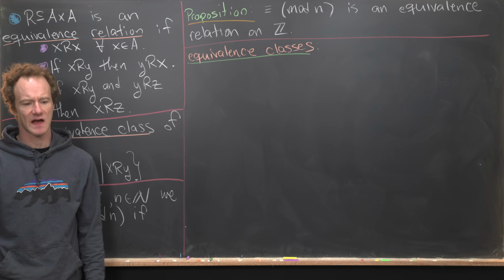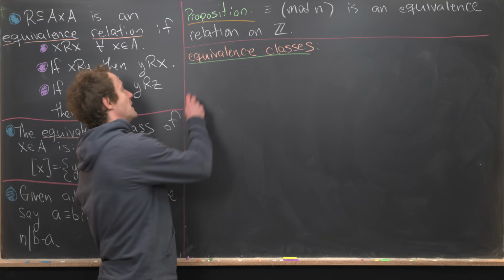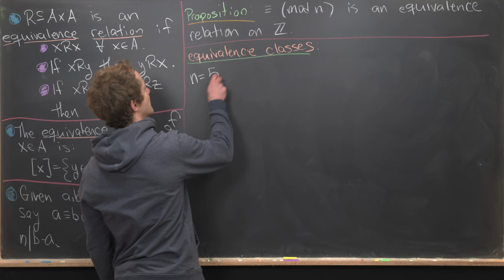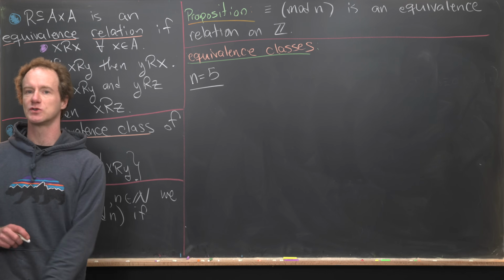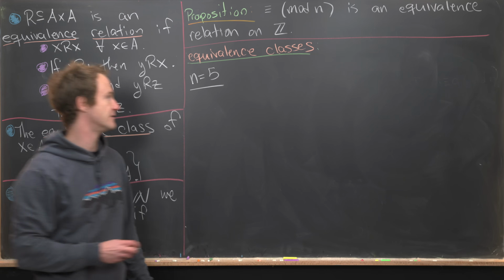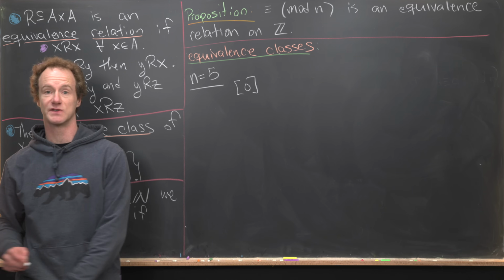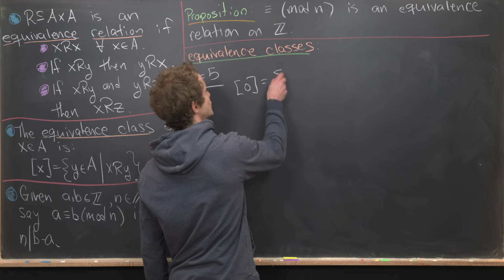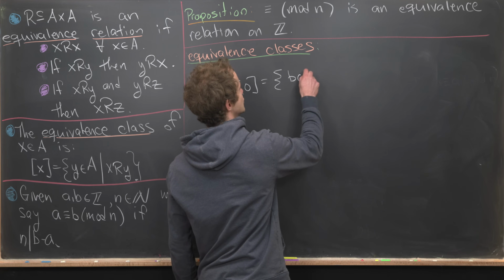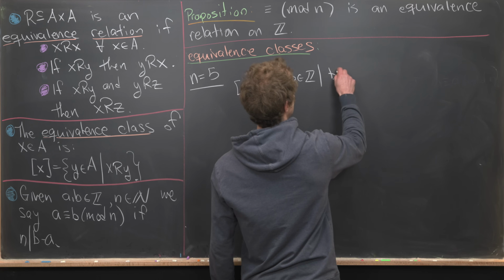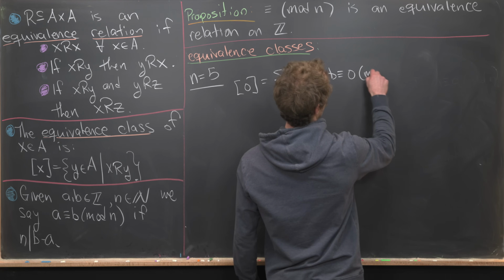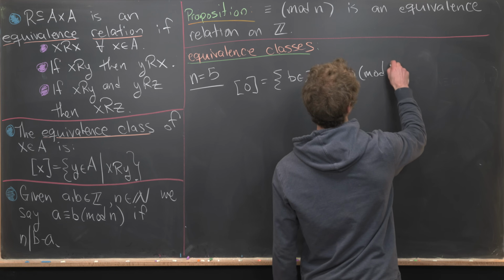So let's work this out via an example. So maybe we'll set N equal to 5. So that means we're doing congruence modulo 5. Well, let's first find the equivalence class of the number 0. So by definition, that's going to be all integers b such that b is congruent to 0 mod 5.